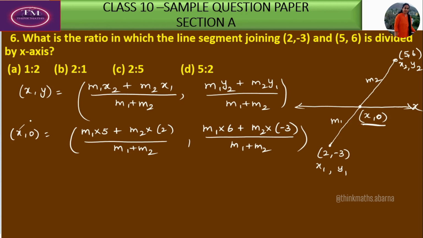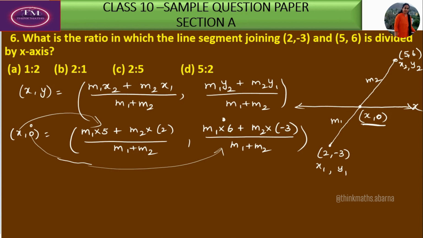Now we have to equate the coordinates to find m1 and m2. We can equate the y coordinate because the answer there is 0. If we solve with the y coordinate, we can easily find the values of m1 and m2.